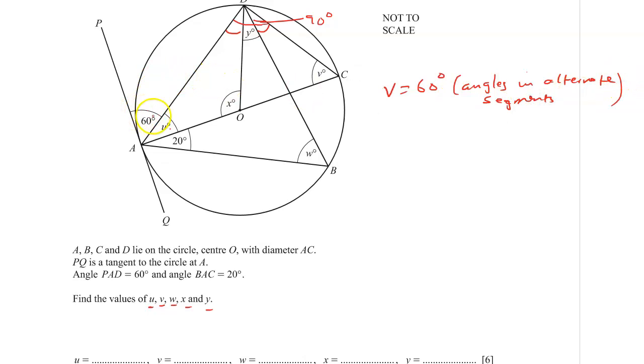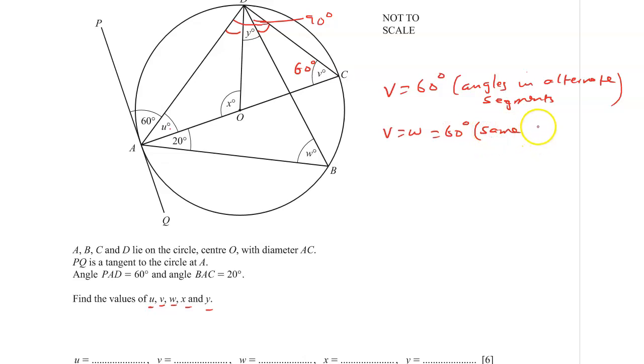This is 60, therefore this here is going to be 60 right there. 60 degrees. V and W, V is equal to W, which is 60 degrees.